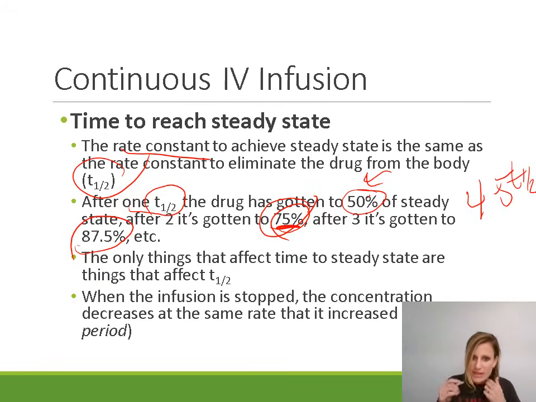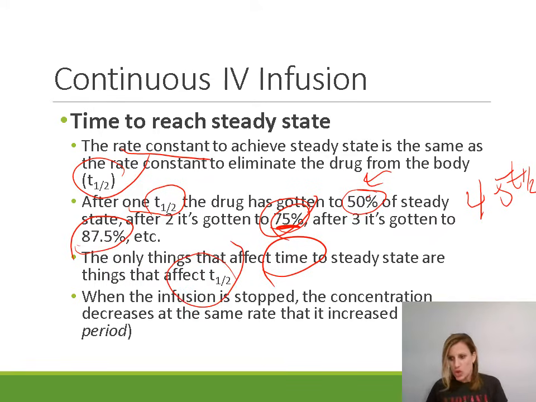So the only things that affect time to steady state are things that affect half-life. So like volume of distribution, for example, protein binding, for example, those things affect half-life. So they're also going to affect time to steady state.